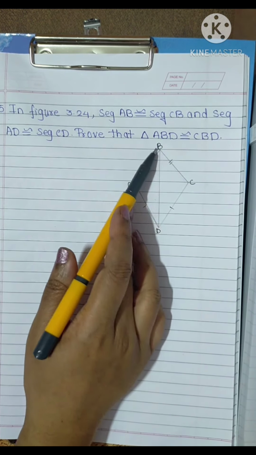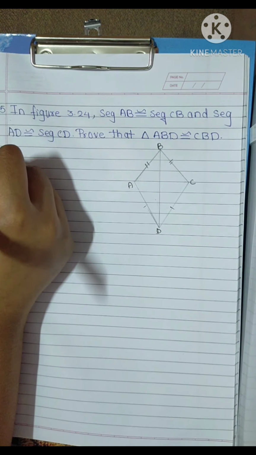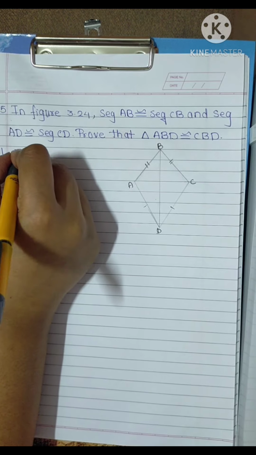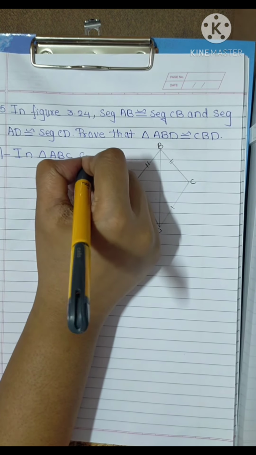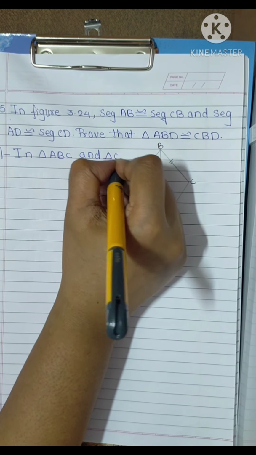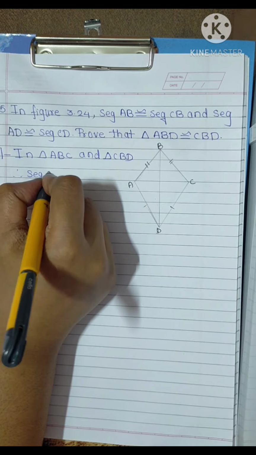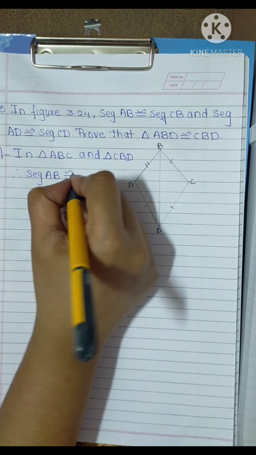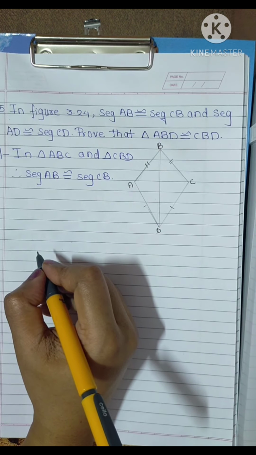Now we have to prove that both triangles are congruent. So we'll start with the given condition. So in triangle ABD and triangle CBD, segment AB is congruent to segment CB. Okay, it is a given condition.